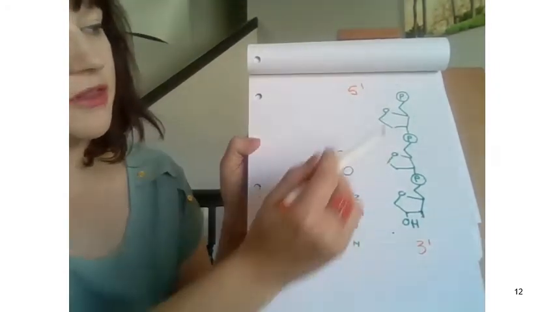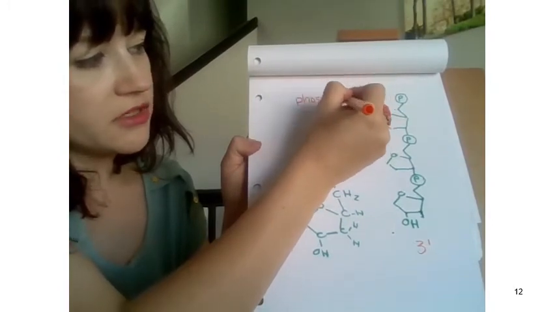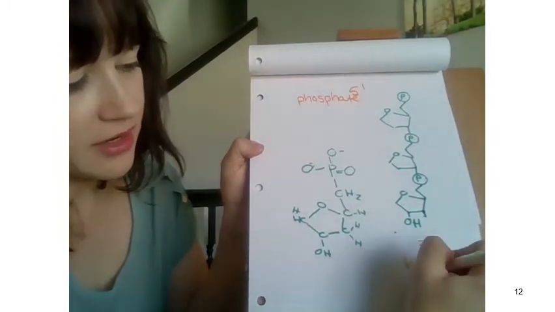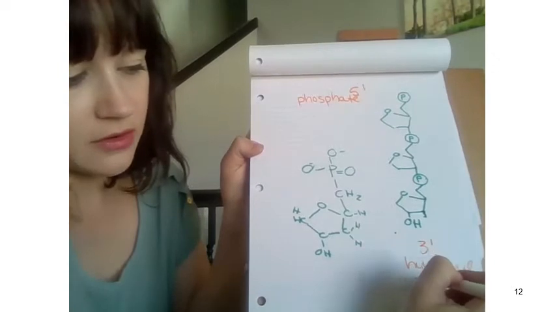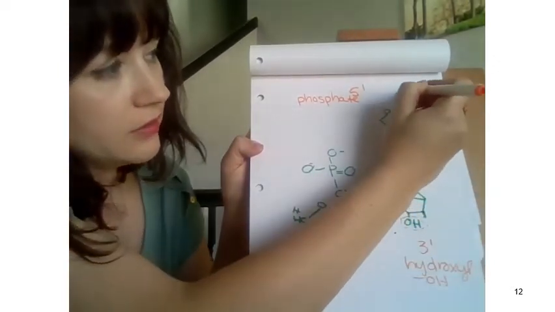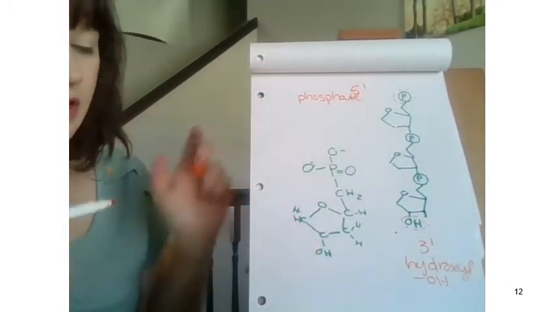We know that the 5' end has a phosphate group attached to it at the very most end, and that the 3' end has a hydroxyl group, this O and an H together. I'll highlight these. But why is it called 5' and 3'?